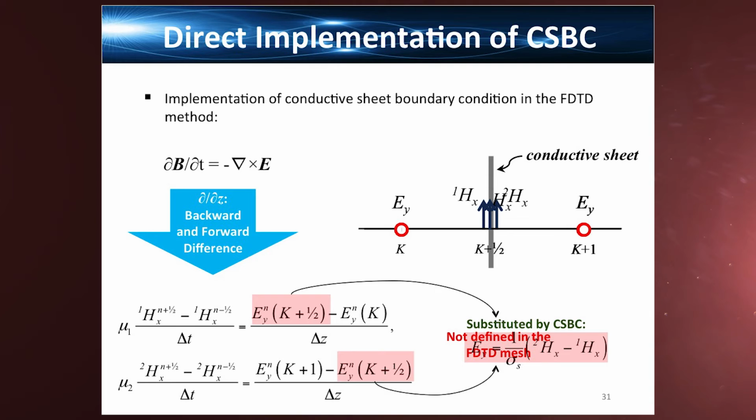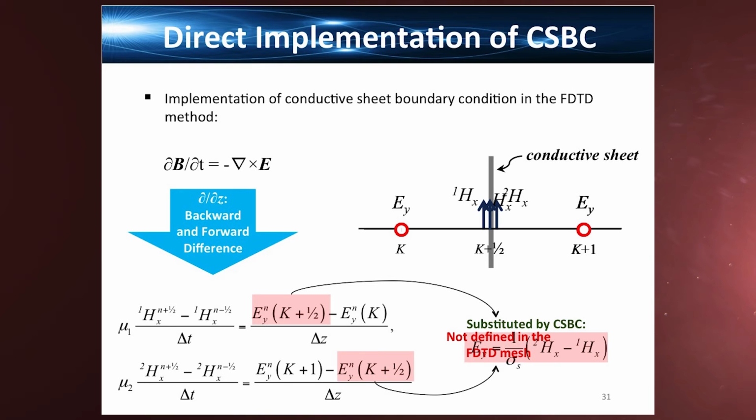But it can be substituted by the conductive sheet boundary condition, like here. And substituting this equation into these equations, you can derive an operating equation for these two components.